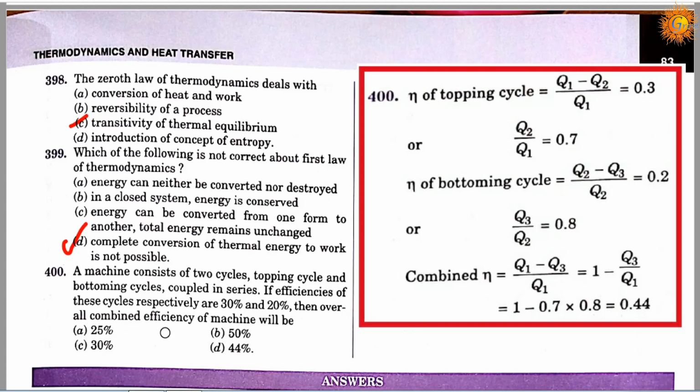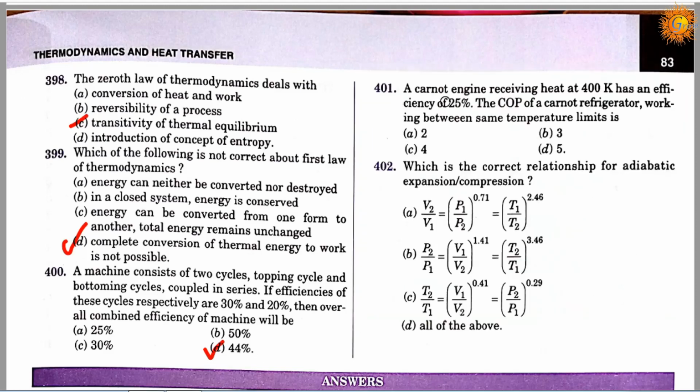Its solution is available here, and option A is 25%, option B is 50%, option C is 30%, option D is 44%. So correct answer is D, it will be 44%.